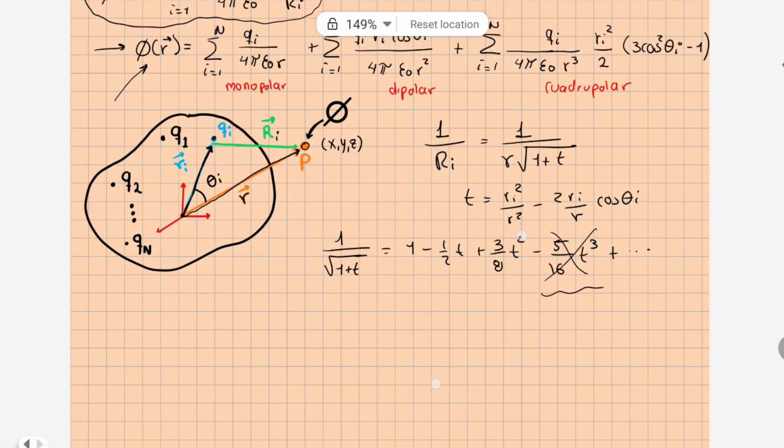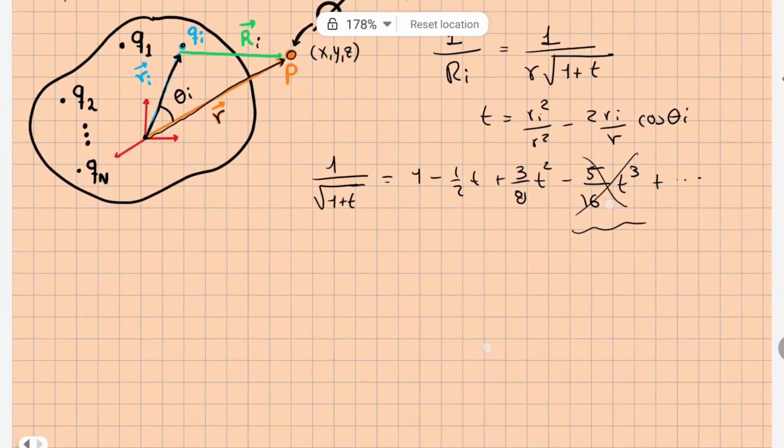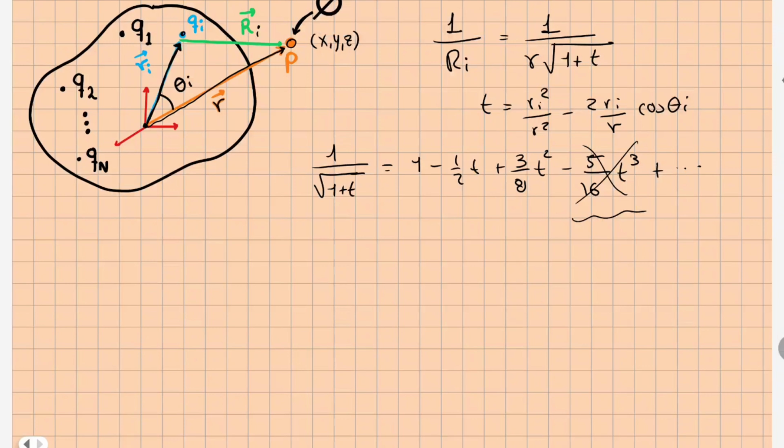What we want to mention right now is that we also have other videos about Legendre polynomials. In those videos we saw that, for example, the zero order Legendre polynomial P0 of x is equal to 1.